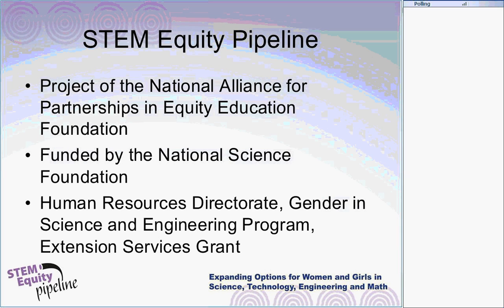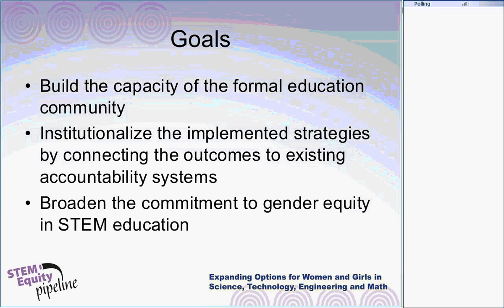It's funded by the National Science Foundation through their Human Resource Directorate, specifically their Gender and Science and Engineering program. It is an extension services grant modeled basically after the Agricultural Cooperative Extension Service, with the intention that we work primarily with others who will then pass on the training that they've received from us to others, sort of a train-the-trainer model.